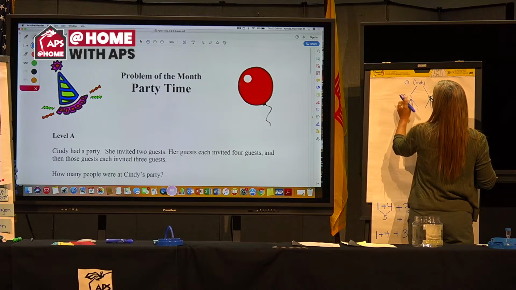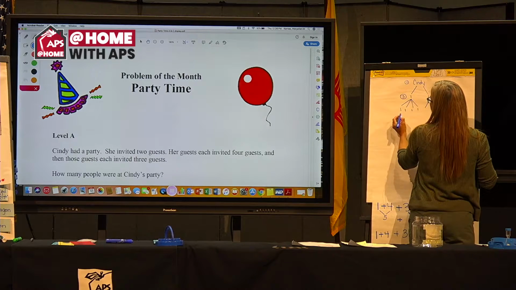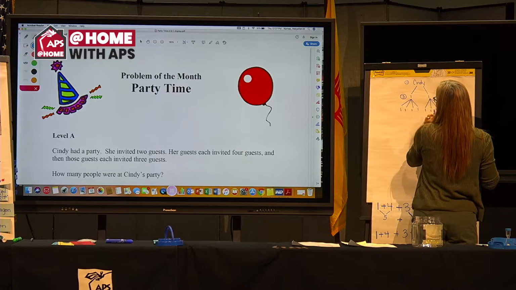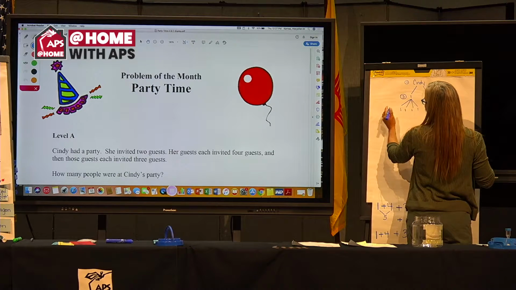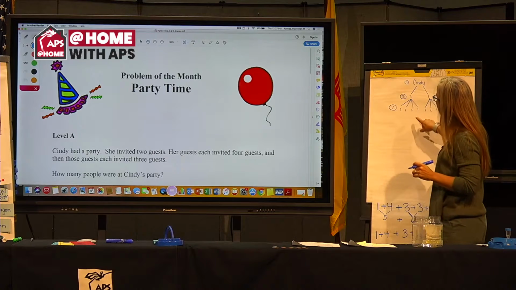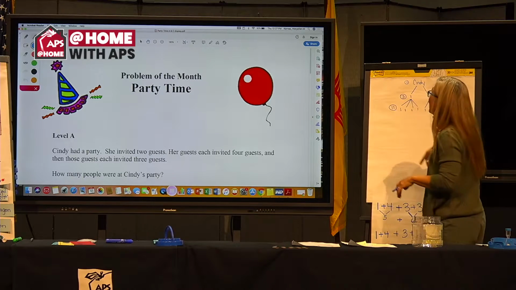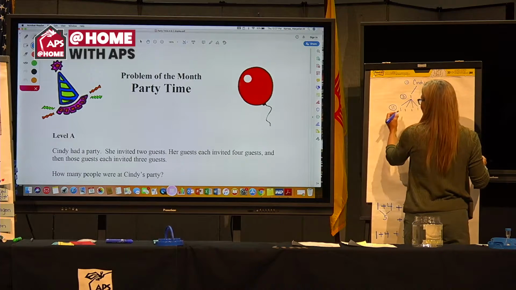I'm going to just keep a running total with these guys. And then 1, 2, 3, 4, 5, 6, 7, 8. So we have 8 more people, and 3 and 8 is 11. And then each of these people invited how many people? They each invited 3, right?